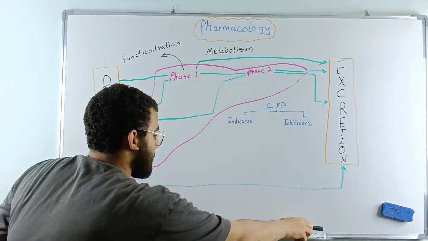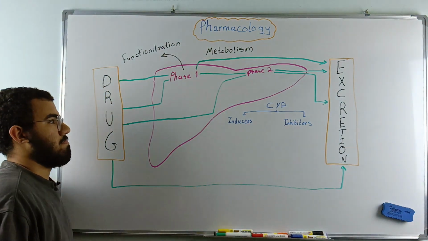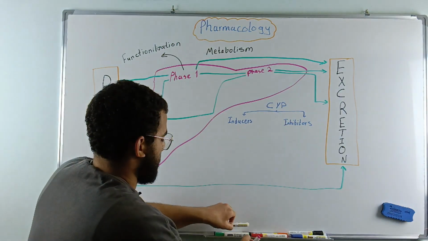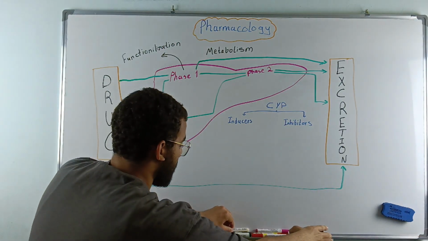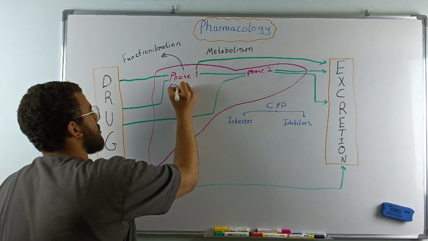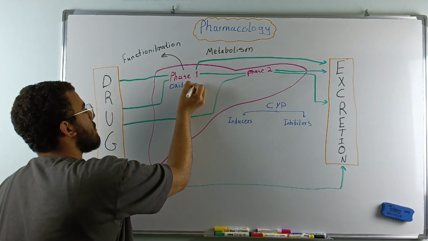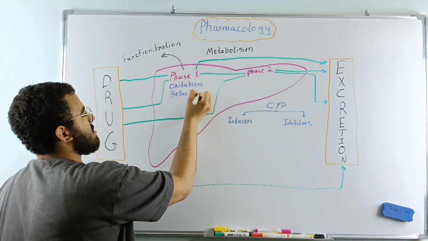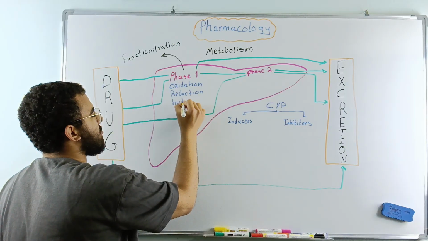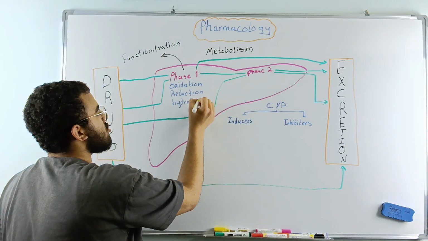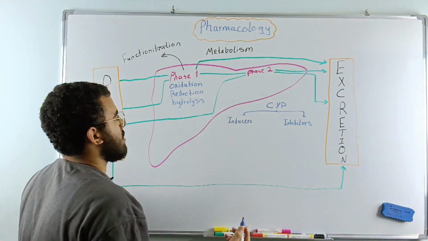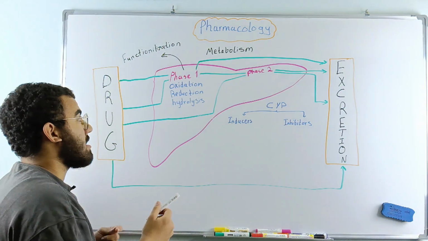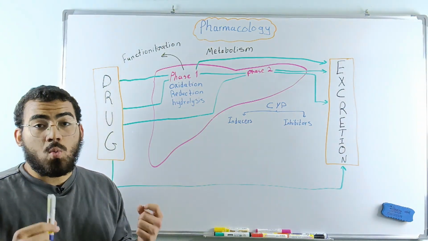Because what happens in phase one is basic chemical reactions like, let's write in a different color, blue would be cool: oxidation, reduction, hydrolysis. Basic reactions adding functional groups, OH groups, NH groups, and all these basic functional groups that we're adding to our substance for one main reason.